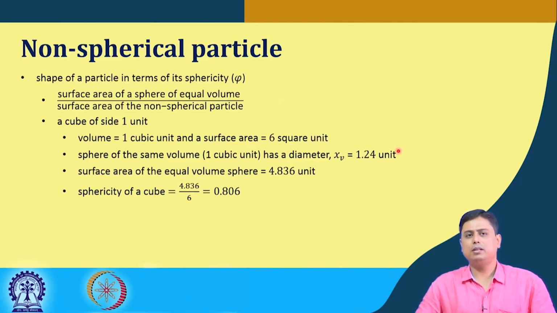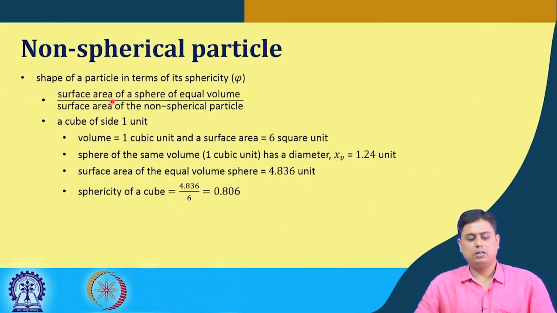Now, how do we find an equivalence? It is typically quantified by a number called sphericity, which quantifies the shape of a particle. Sphericity is defined as the surface area of a sphere of equal volume to that of the irregular shaped object, divided by the surface area of that non-spherical object.